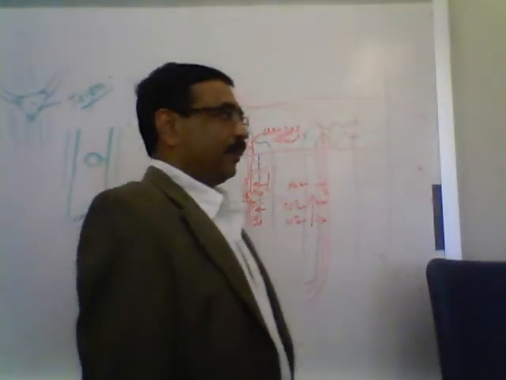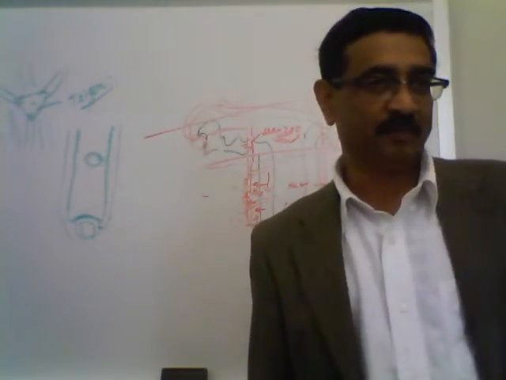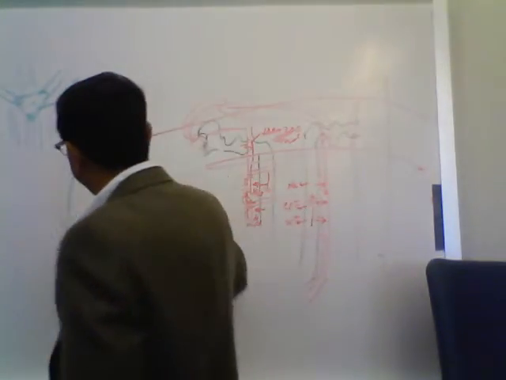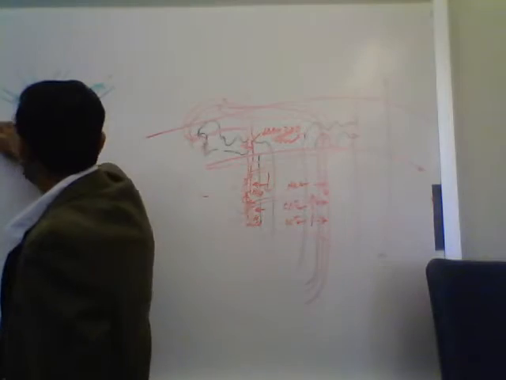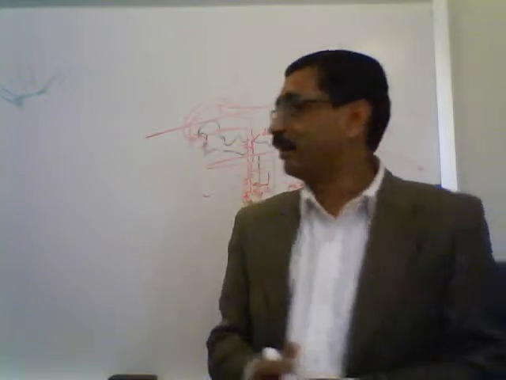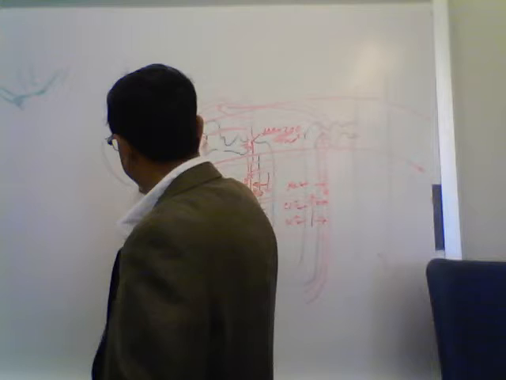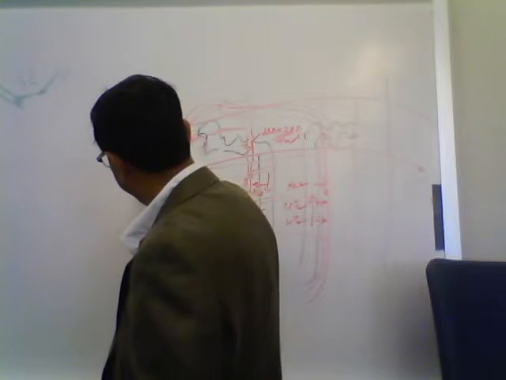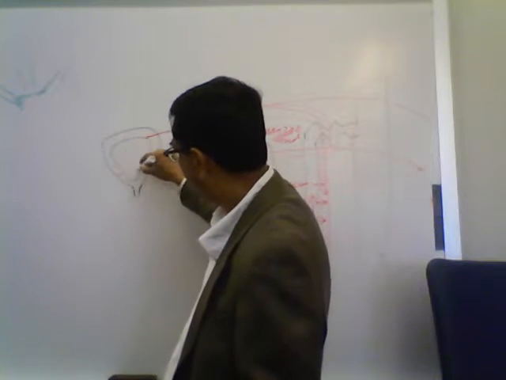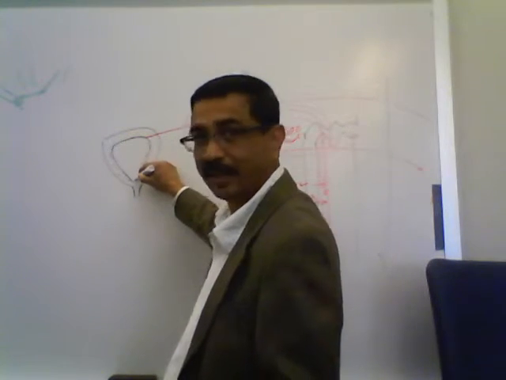Now, the urethra has three different types of epithelial lining that you have to remember. Three different types. Actually, that makes sense if you think carefully. The first part of the urethra, this is the urinary bladder, and this is the first part of the urethra. What is the epithelial lining of the bladder? Epithelial lining of the bladder is transitional, right?